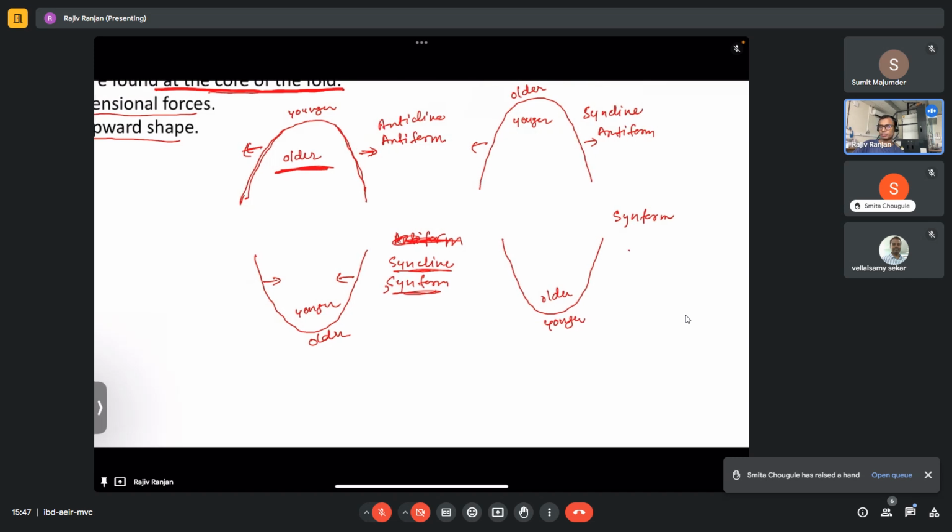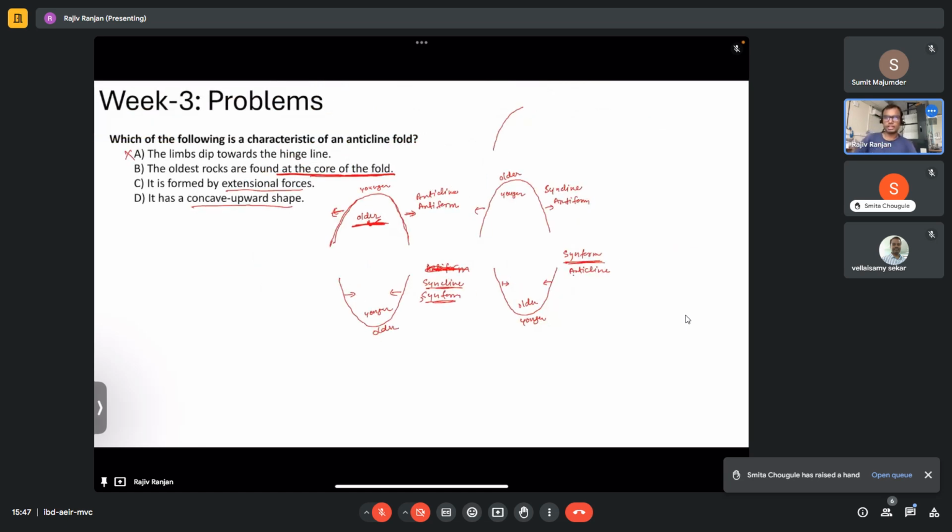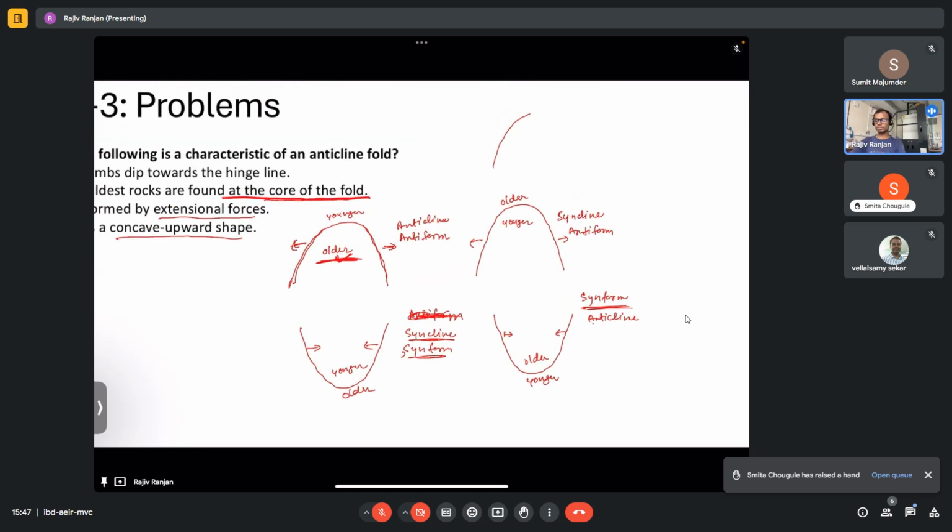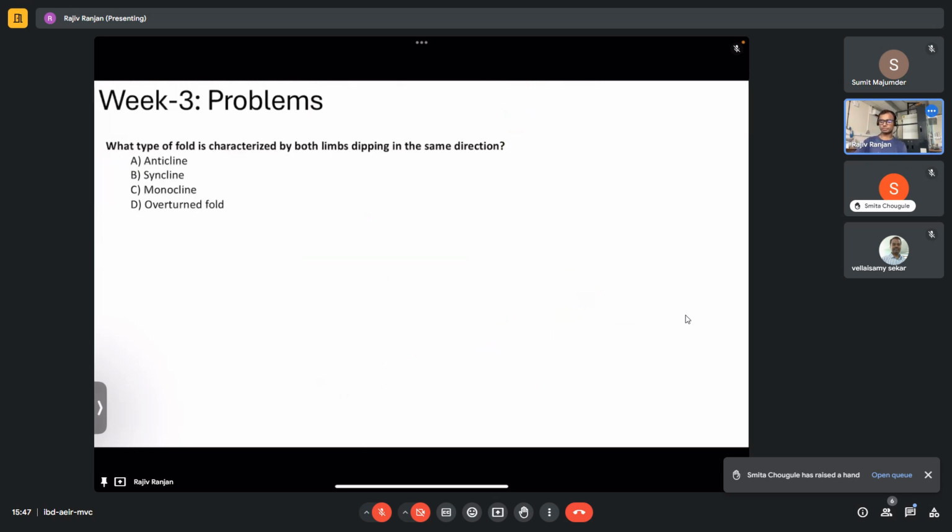Is this anticline or syncline? Since this is dipping towards each other, this is a synform, we know, right? So whether it's a syncline or an anticline. To be an anticline, the older has to be in the core. So here the older is in the core. So that is why it is anticline synform. So these are the four basic classifications of the folds based on the younging directions, older or younger, and based on the closure of the folds.